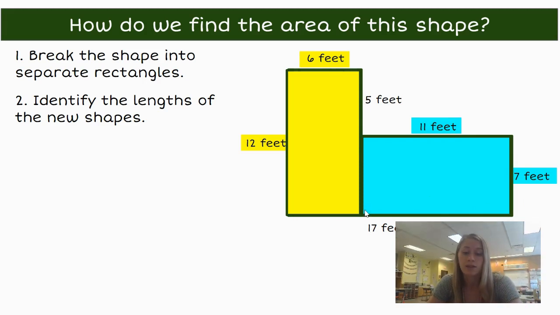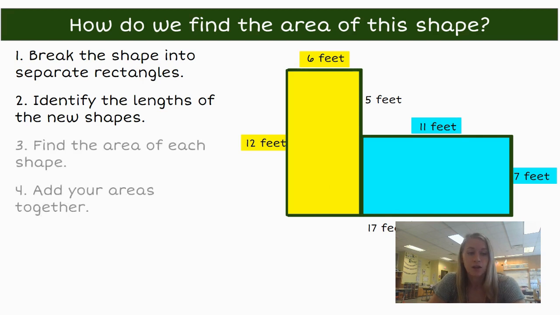So you need to only look at the blue portion of this bottom length, which is 11 feet as shown up here. If you added them together, this bottom piece being 11 feet, and knowing that this 6 up here means that this is also 6 feet down here, 6 plus 11 would go together to equal that 17 feet.